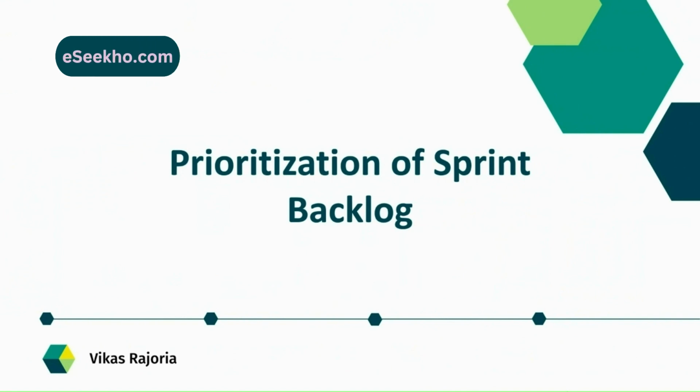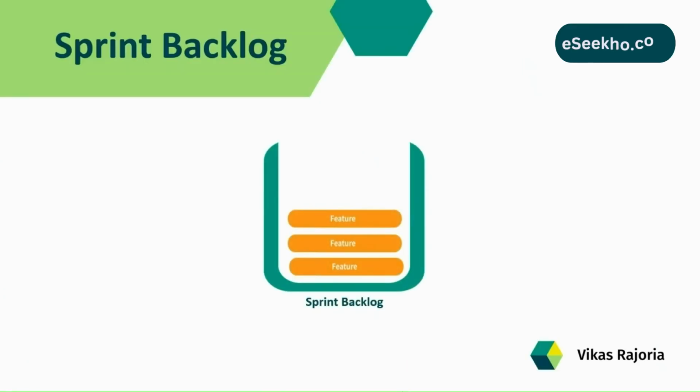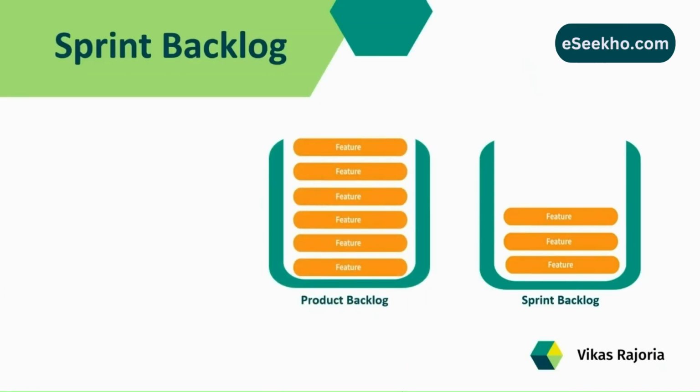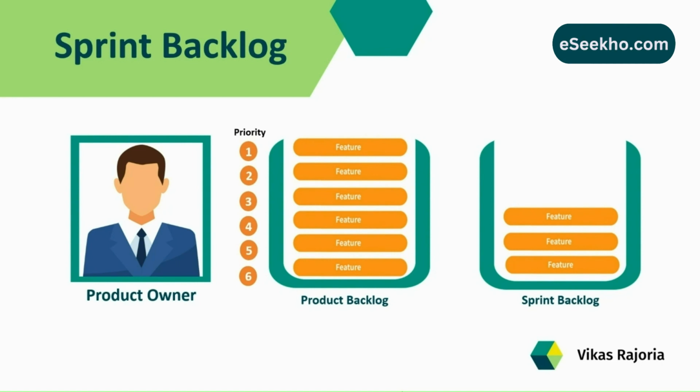Our next topic is how the sprint backlog is prioritized. Since the sprint backlog is a subset of the product backlog, where the items of the product backlog list are already prioritized by the product owner, the sprint backlog will automatically be a prioritized list.